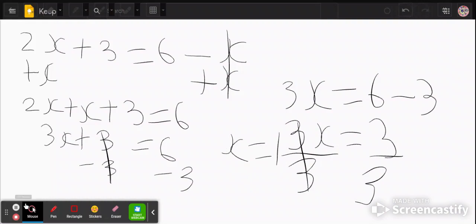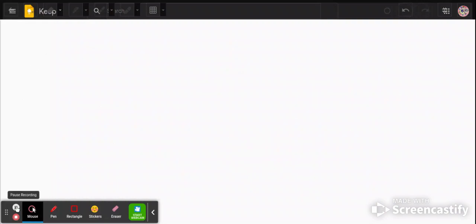All right. For a final example, this one would be 7x minus 15 is equal to 3x plus 1. So I'm going to bring the terms on one side, right? Because that's what we need to do. So I plan to bring the terms on the left hand side.